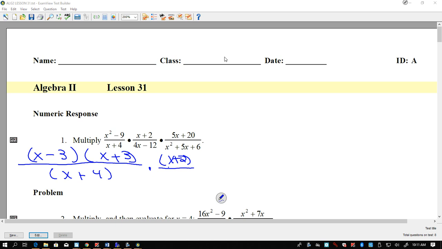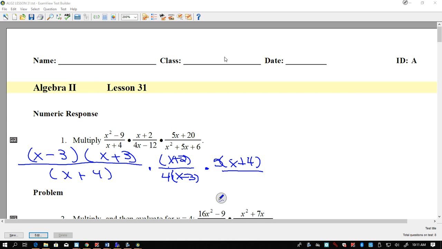I can factor out a 4 and get x minus what, 3? All right, what about 5x plus 20? And get x plus what?